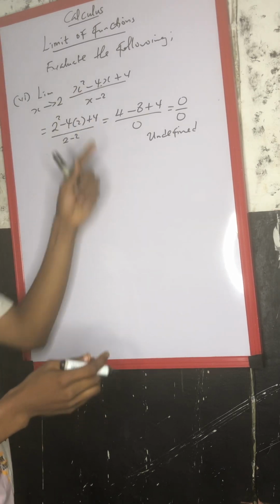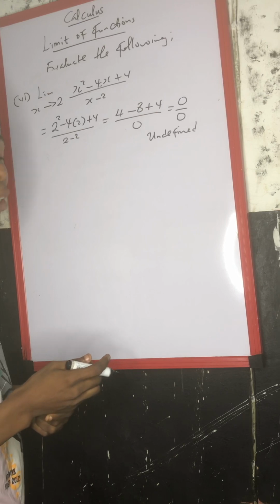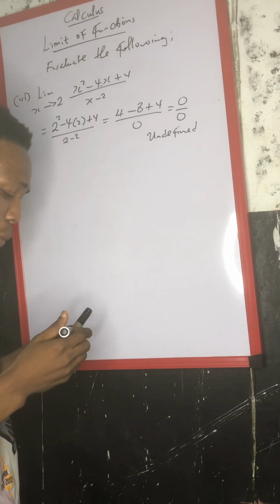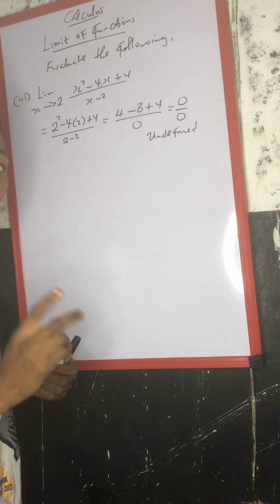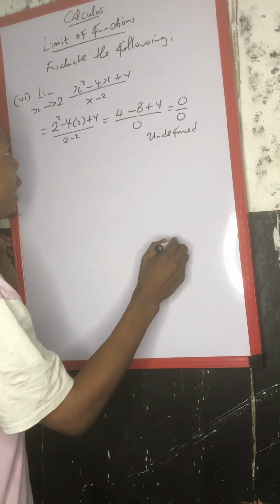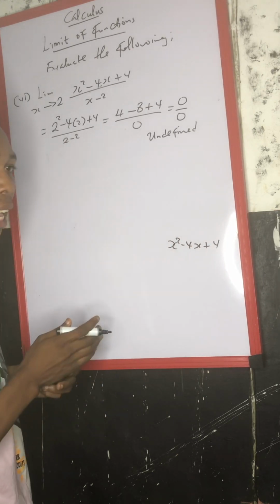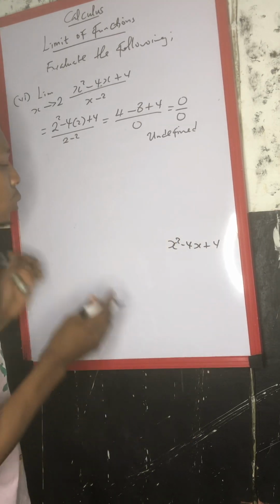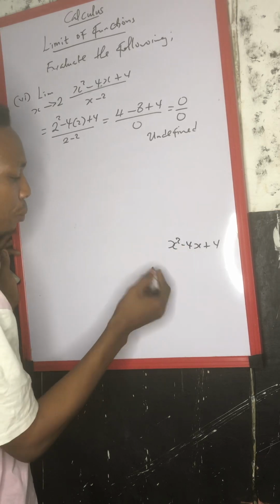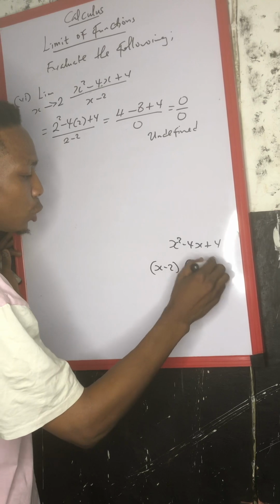If you observe, this is a quadratic expression. A quadratic equation is of degree 2. Now, whenever you have x squared minus 4x plus 4, if you break it down, it can become x minus 2 and x minus 2.